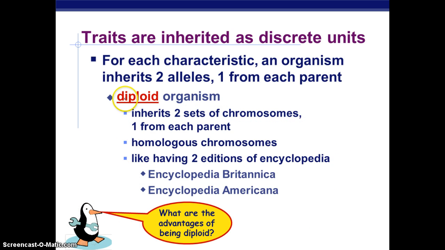In all diploid organisms, that is, organisms that have two copies of each gene, there are actually some organisms that live their life in the haploid state, but we're not going to talk about them. Diploid organisms inherit two sets of chromosomes, one from each parent.